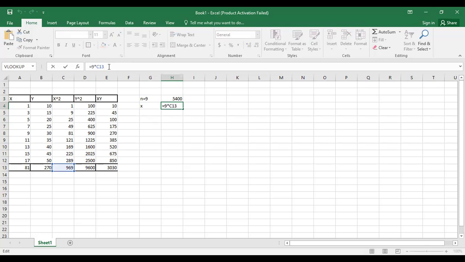So down there we've dealt with n multiplied by the total summation of x squared, minus the total summation of x, but it must be squared. So the total summation of x, this, and then we square it, to the power 2.